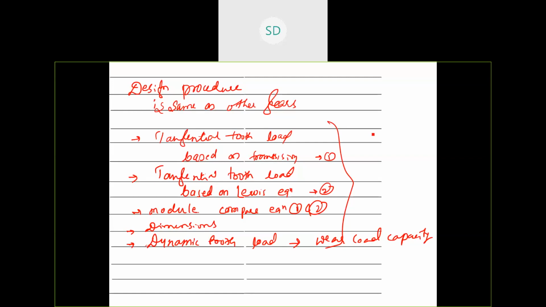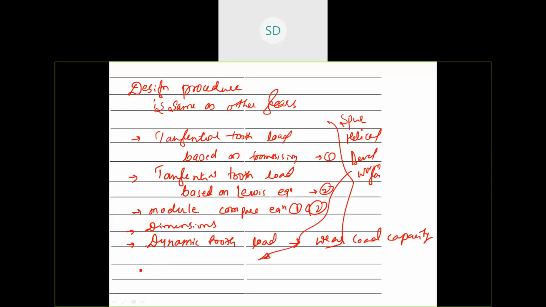That is what for spur gear, helical gear, bevel gear, and worm gear. Now in worm gear, you have an additional two steps here.